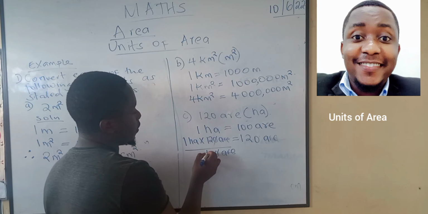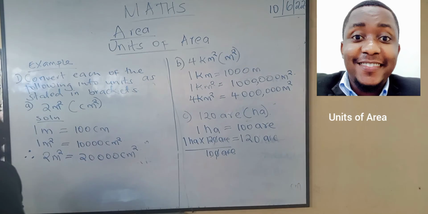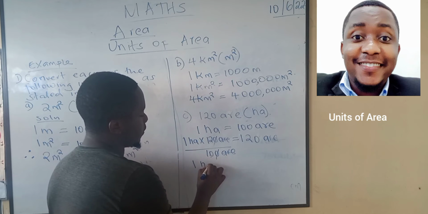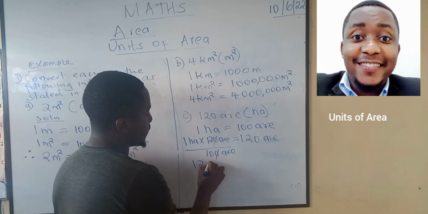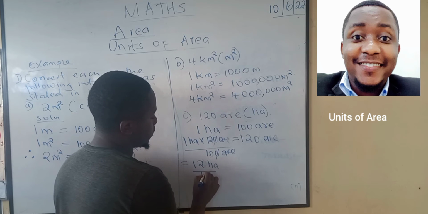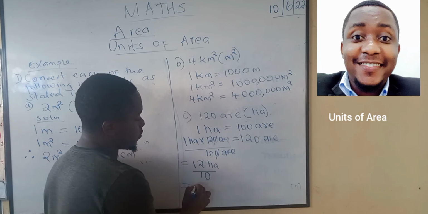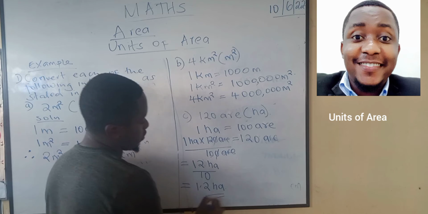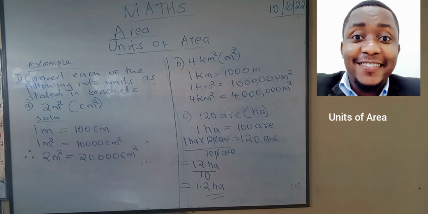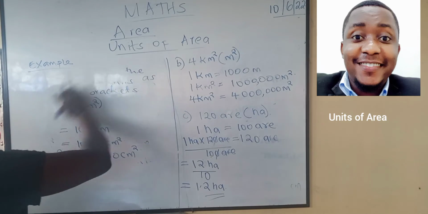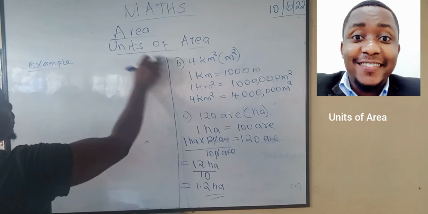Since this cannot divide evenly with 12, it will cause a decimal, so let's go the long way. 12 hectares over 10. That means that we'll get 1.2 hectares.